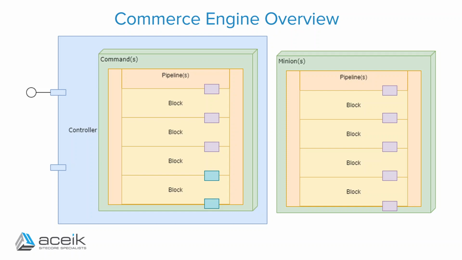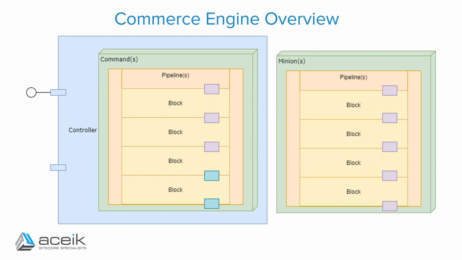And then you have minions. Minions are the background jobs, like how you have scheduled tasks in Sitecore. Similar to those, minions take on that role, but in Sitecore Commerce. And minions also execute the pipelines and the blocks, in the same fashion as a controller and command.